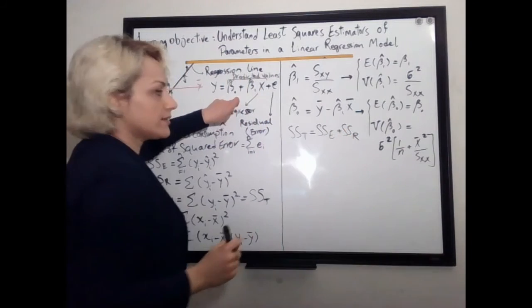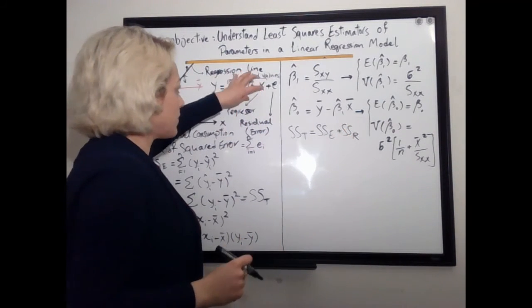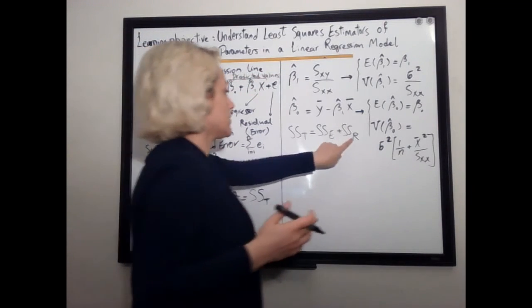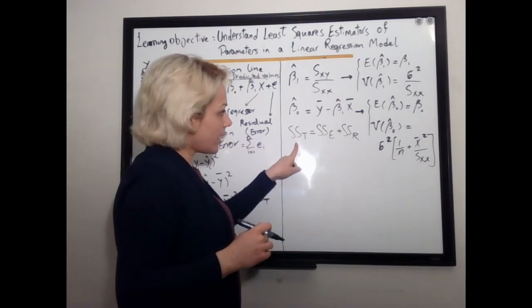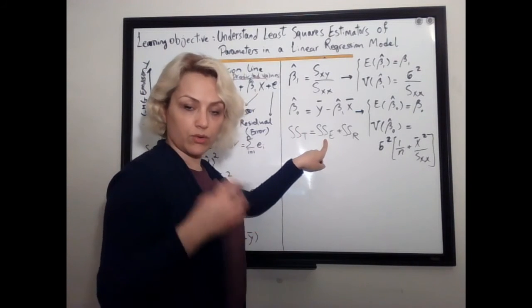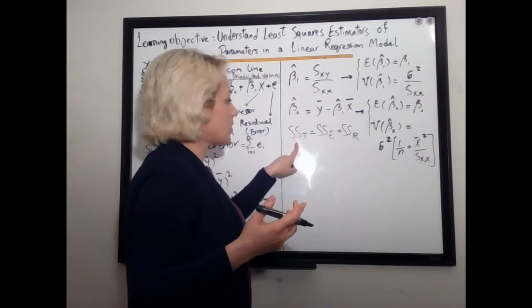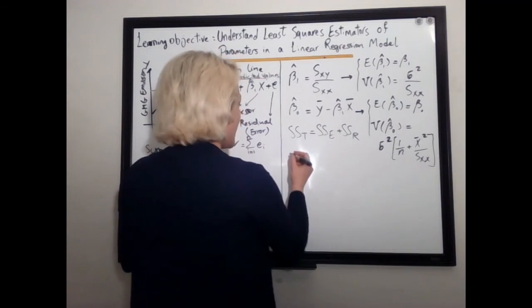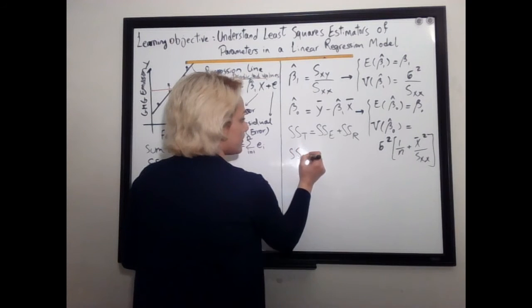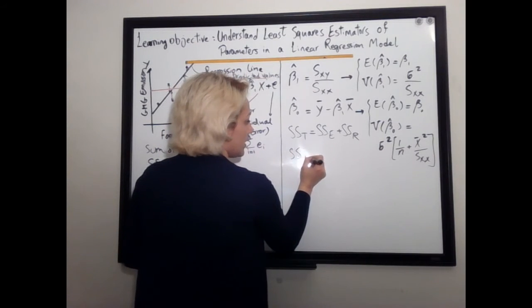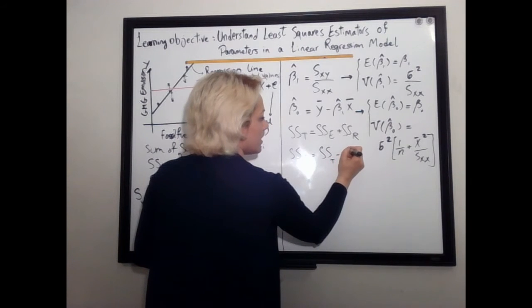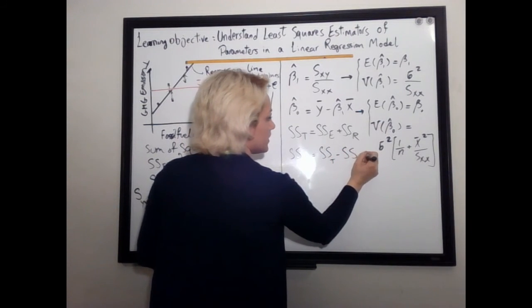Even when you look at here, it's going to be this part plus this part. So from here, sum of squares of the error or residual is equal to sum of squares of the total minus sum of squares of the regression.